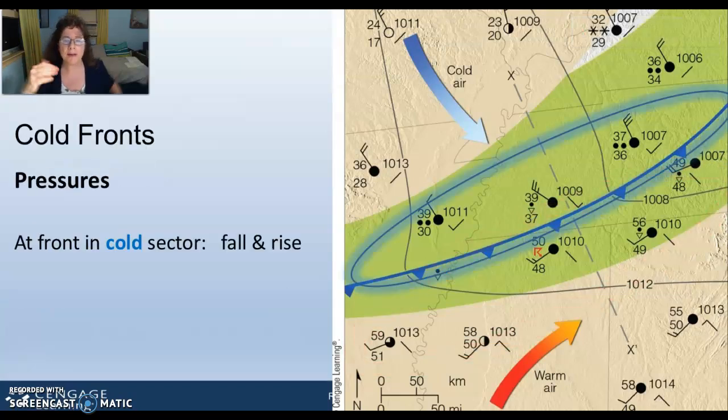In back of the front, as the front has come through, we see, for instance, a fall and then a rise, a fall and then a rise in pressure. What is happening there? After the front comes through, after this dense air comes through, the pressure rises because the cold, dense air is in place.